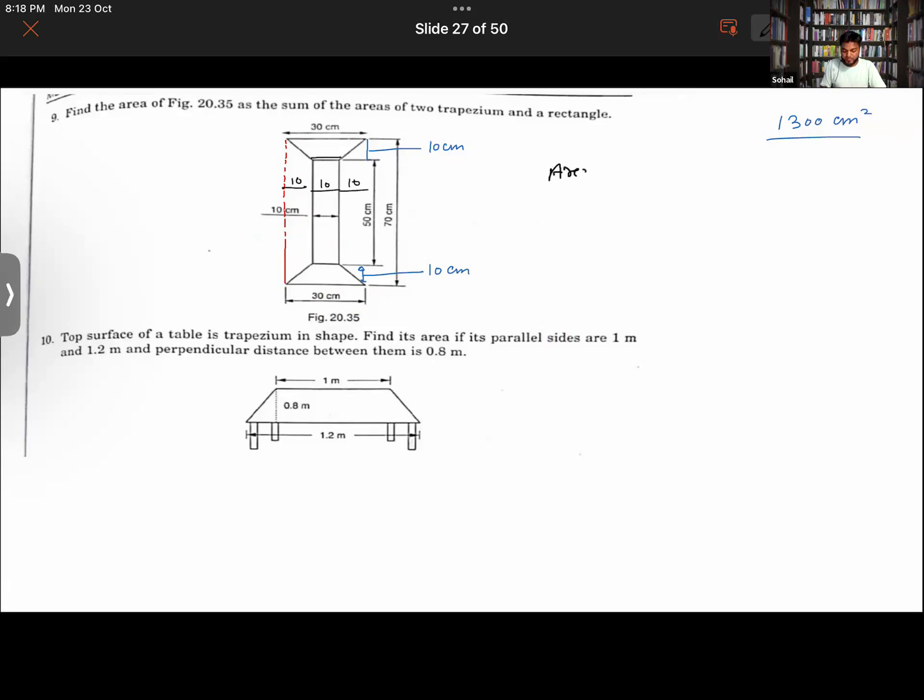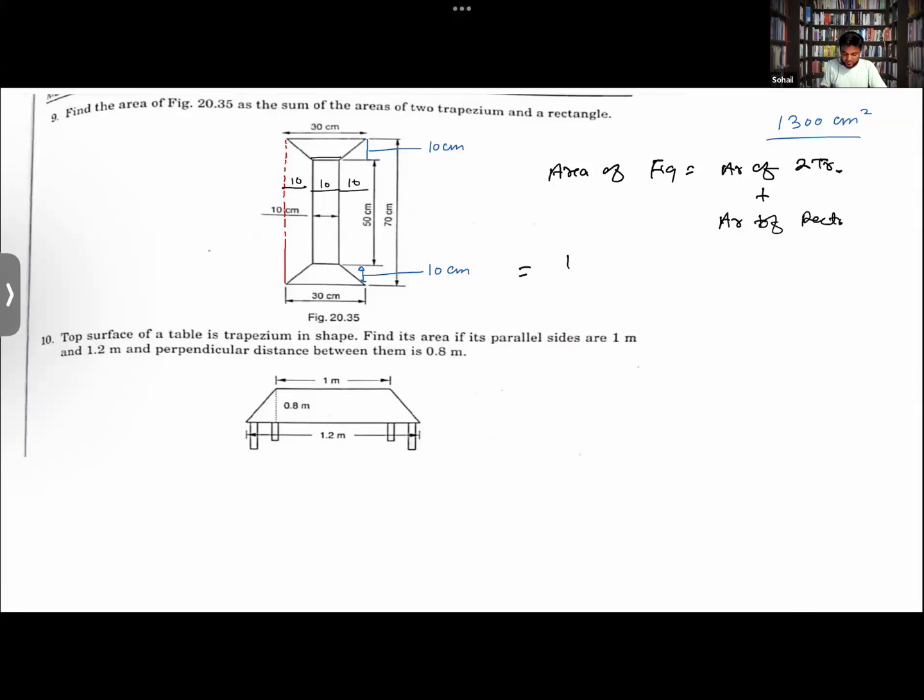So area of figure will be area of two trapeziums plus area of rectangle. For the area of one trapezium, it's going to be half times 30 plus 10 multiplied by the distance between them, that is 10.